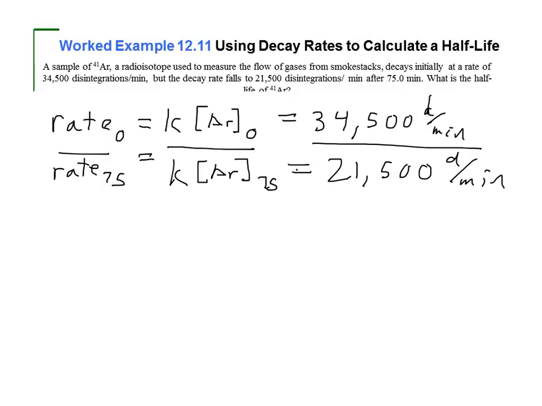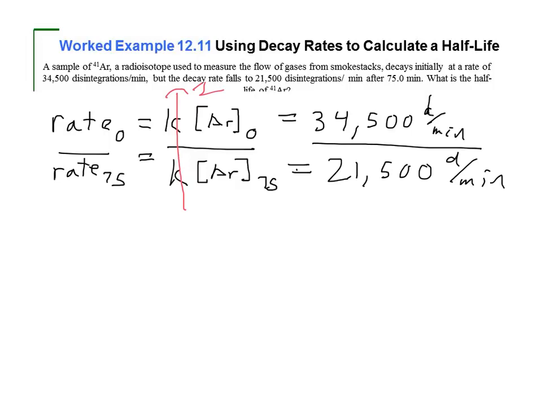All right, so let's take a look at what we've got. We know, looking at this method of initial rate setup that we have, that anything divided by itself is equal to 1. So we can actually cancel out our values of k.